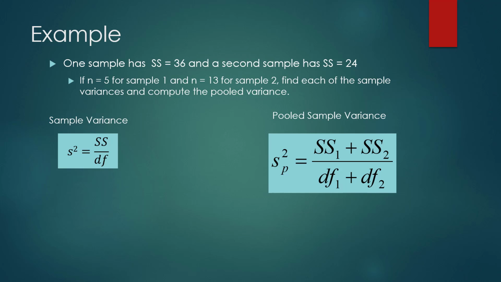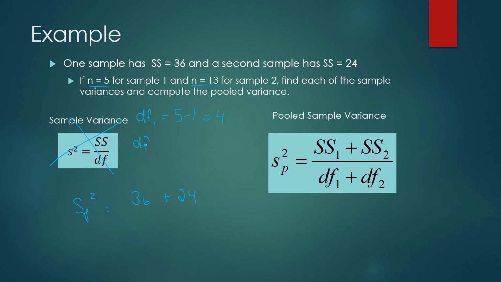Now, for this example, same numbers except we have n1 is 5 and n2 is 13. So we can't use that shortcut. We have to use our pooled variance formula. Our SS1 is 36, and our SS2 is 24. Degrees of freedom for sample 1 is 5 minus 1 equals 4.